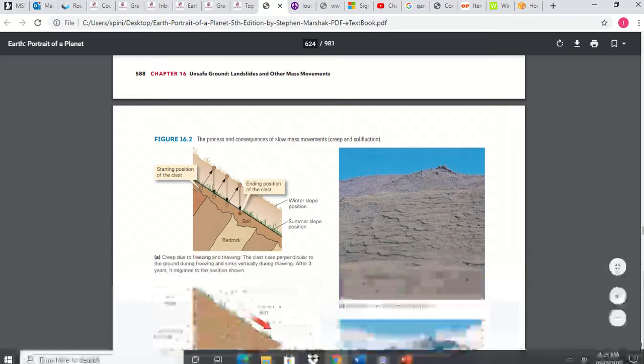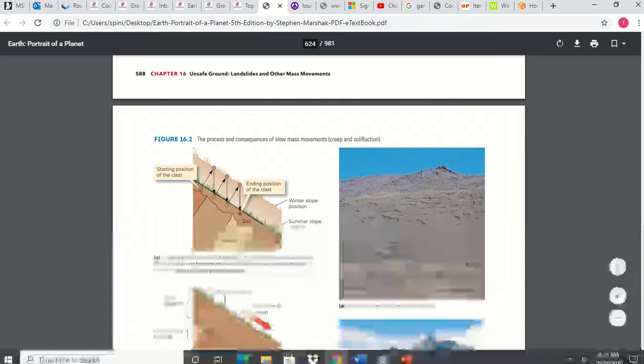Your book talks about something called creep. Some of these happen very slowly, almost in slow motion. You don't even see them taking place. Things like creep and solifluction happen very slowly. Here's an example of creep where the soil freezes, and of course, when water freezes, it expands, and so that expands the soil.